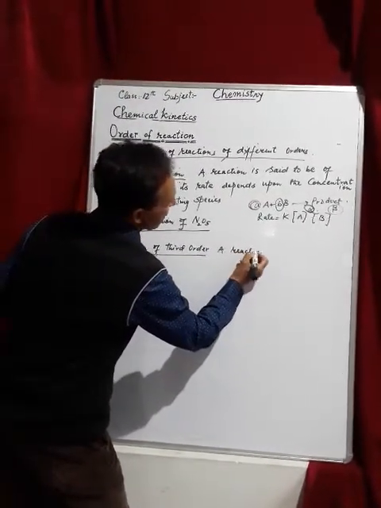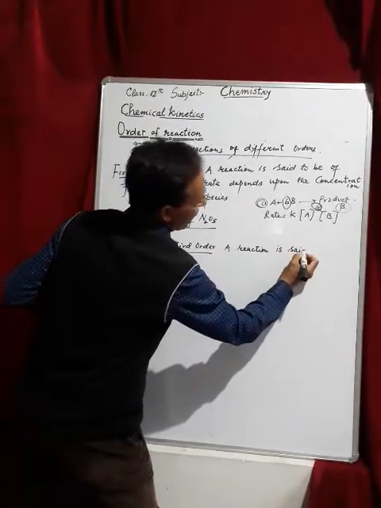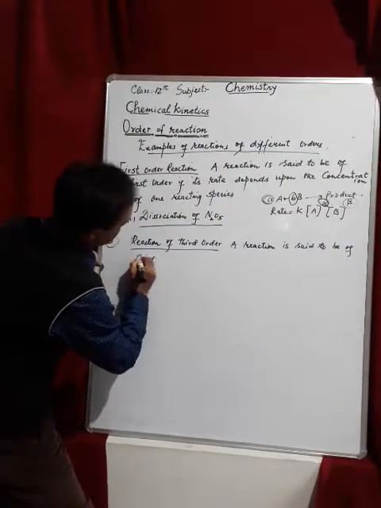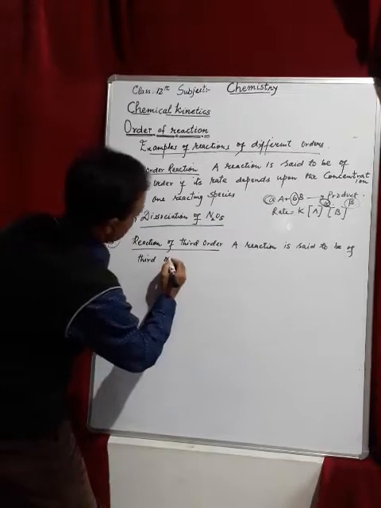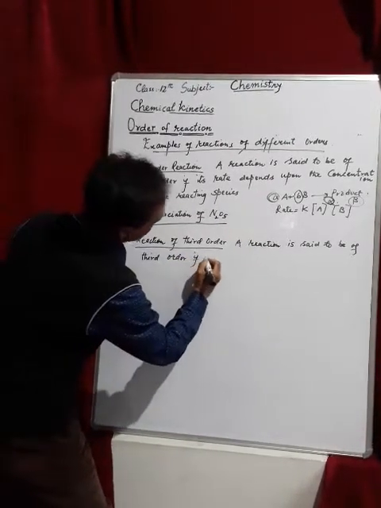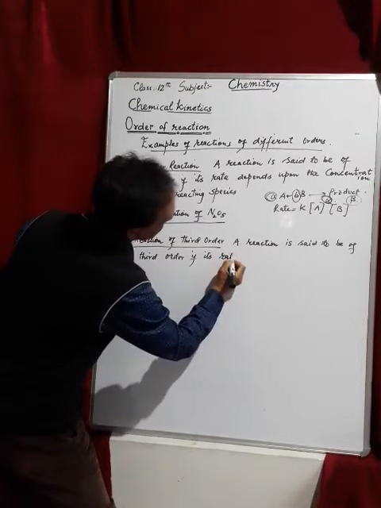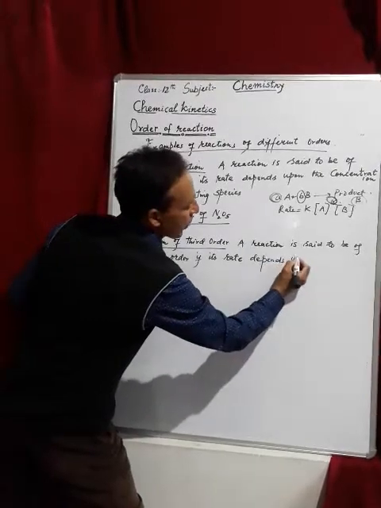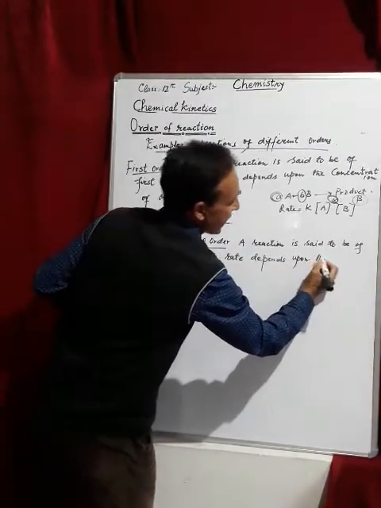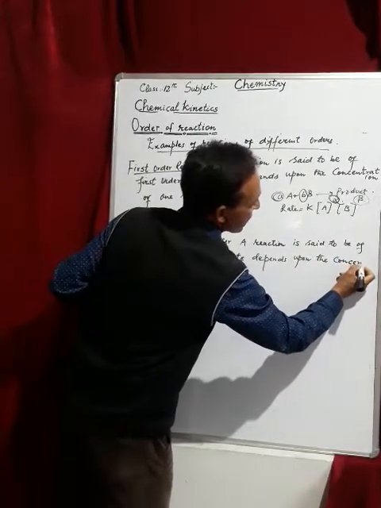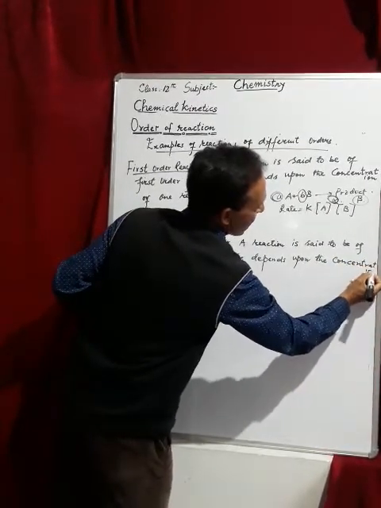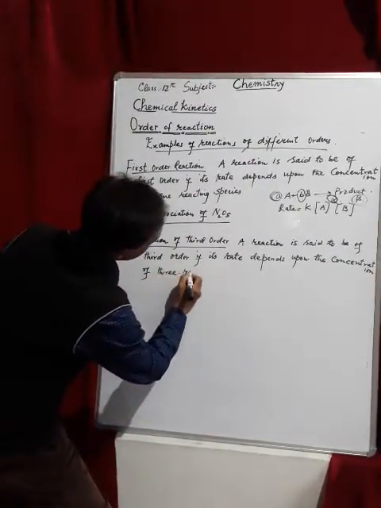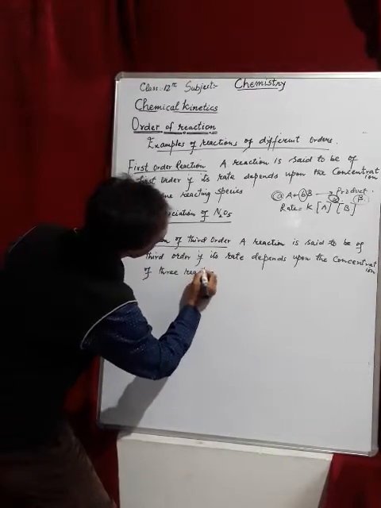A reaction is said to be of third order if its rate depends upon the concentration of three reacting species.